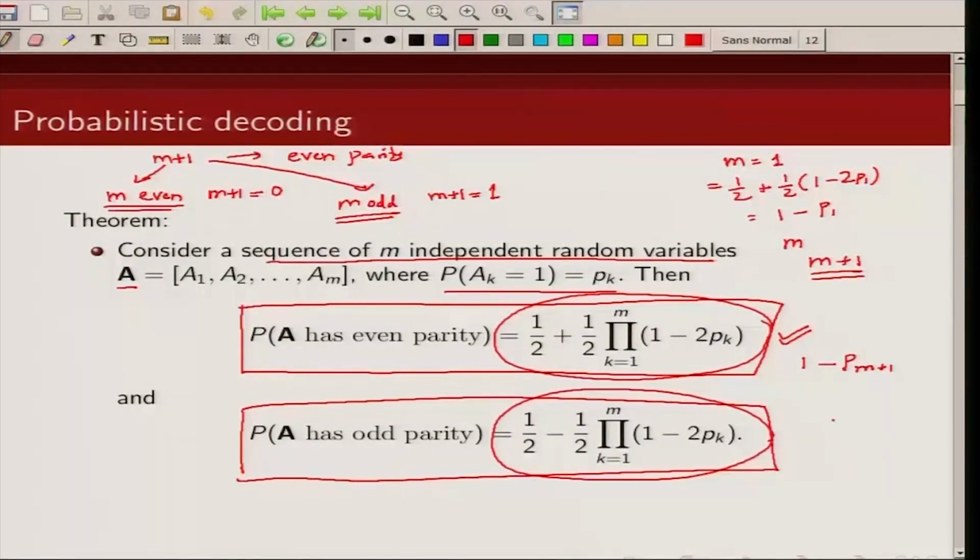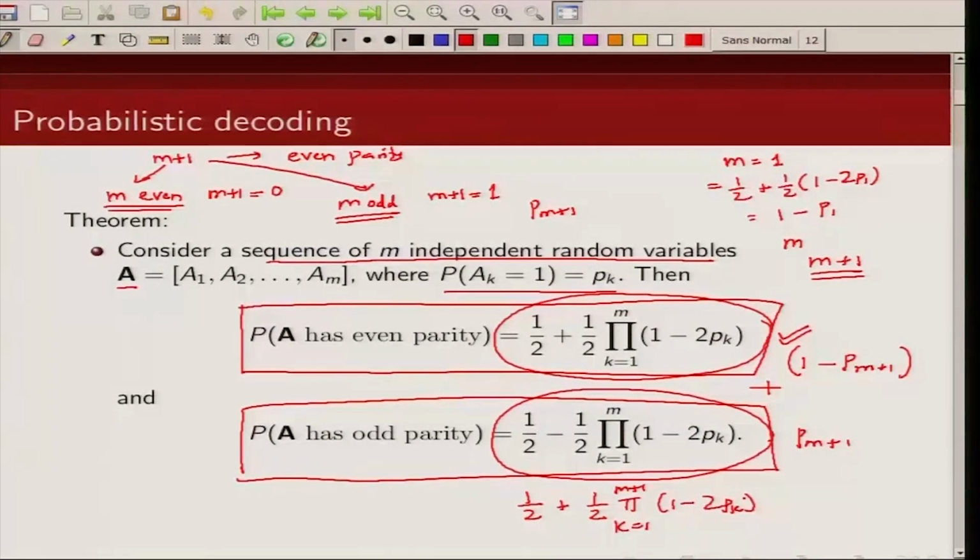That probability is given by p(m plus 1). So the overall probability will be this multiplied by this plus this multiplied by p(m plus 1). And if you simplify this, we can show that this will come out to be 1 plus the product over k equal to 1 to m plus 1 of (1 minus 2pk).